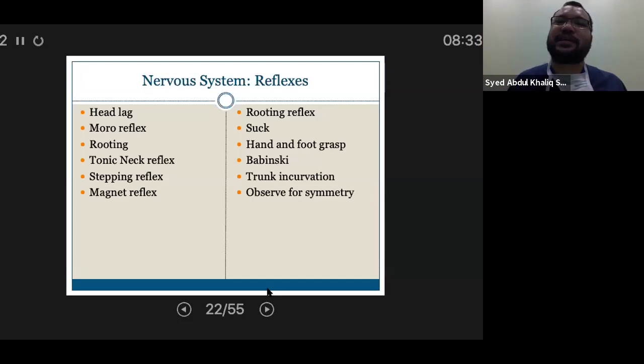Moro's reflex ni dia patutnya hilang bila? Anyone has any idea? Zafira? Nur Zafira? Any idea when the presence of Moro's reflex is abnormal?